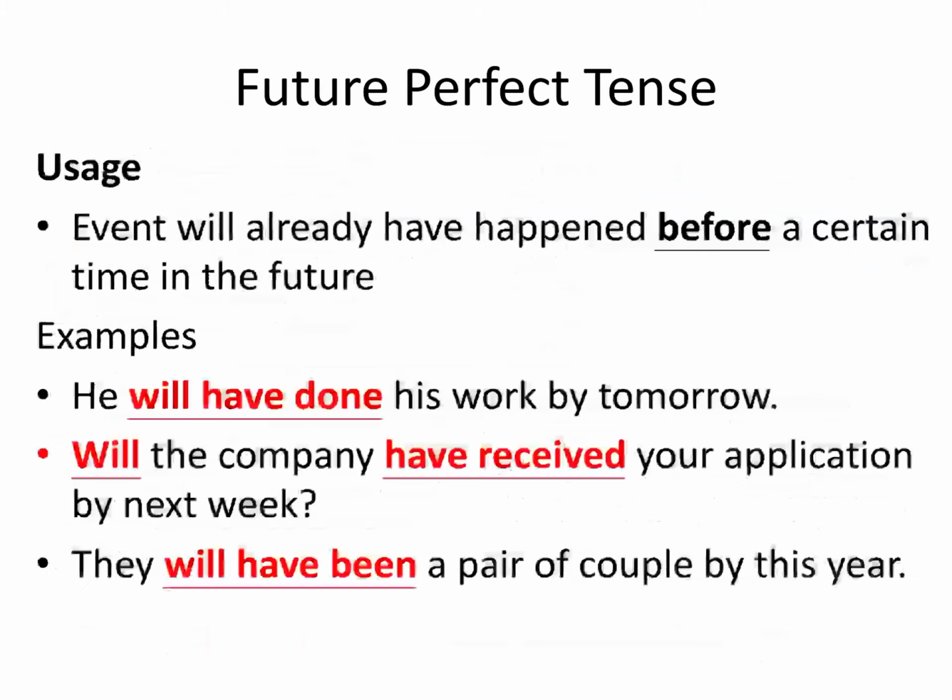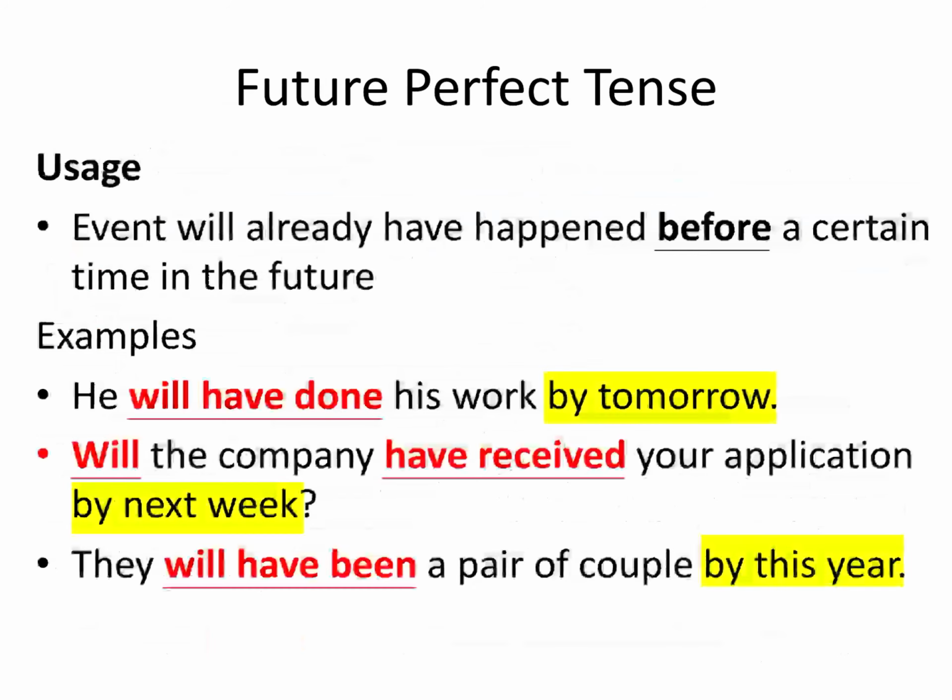So let's look at the examples. He will have done his work by tomorrow. Will the company have received your application by next week? They will have been a pal of couple by this year. We can see that there's one thing in common among these examples.